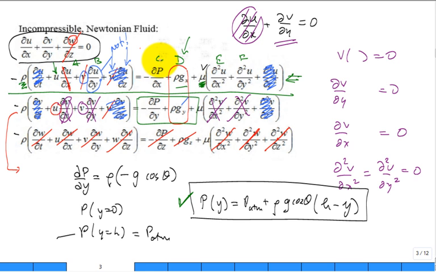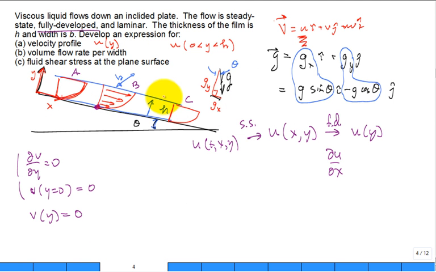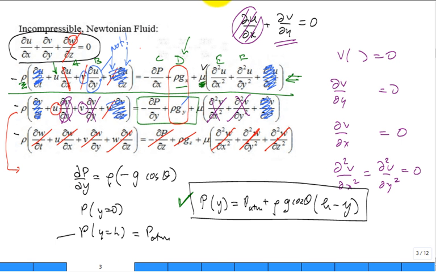Probably should have talked about that some more. How does the atmospheric pressure change as I go? Atmospheric pressure doesn't change at all, does it? The pressure only changes as a function of y. It doesn't change as a function of x. And so maybe there's more logic that I should have employed, but C is zero.